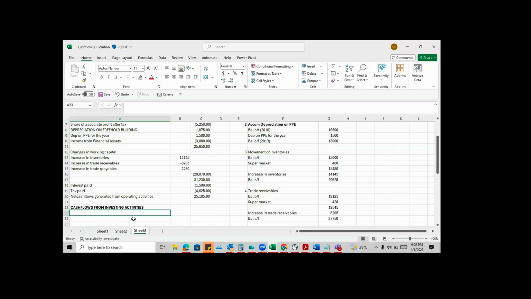And then changes in working capital should be deducted to get the next value. But it seems you now added up everything. Let me get you. From this 25,650, before the changes in capital, this should be the total of this. It's as if you now added other things too.